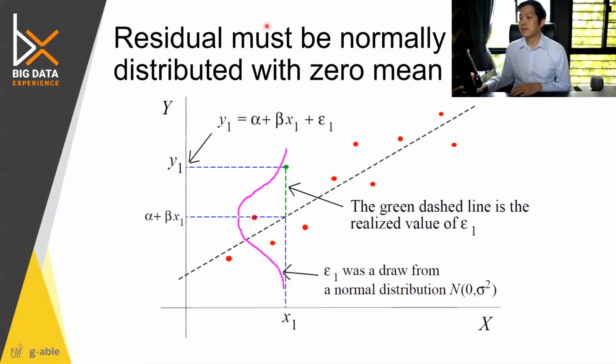So why does the error have to be normally distributed with mean equal to 0 and variance with a constant value? Any answer? Why N(0, sigma square)? Should be normal distribution.